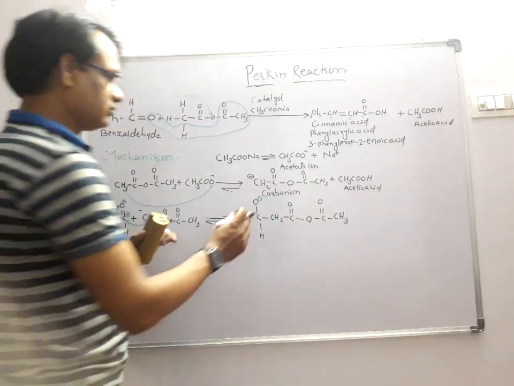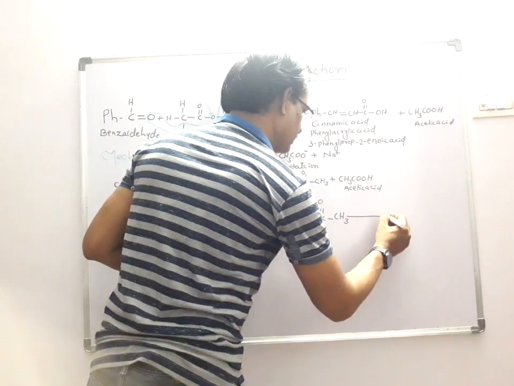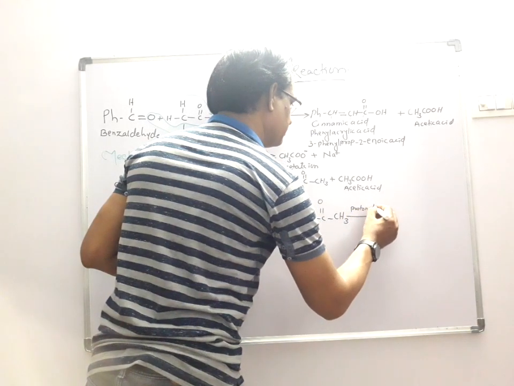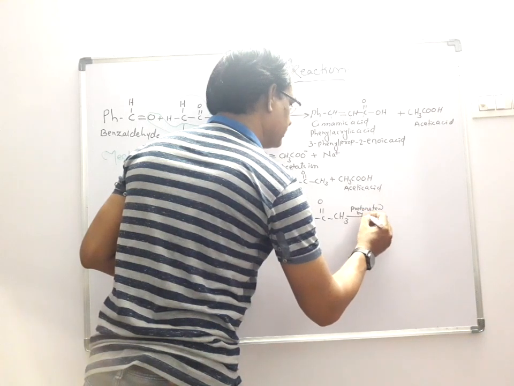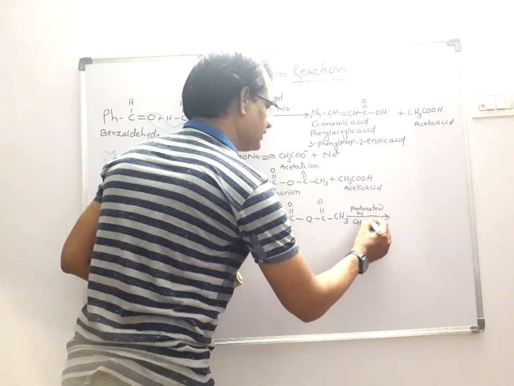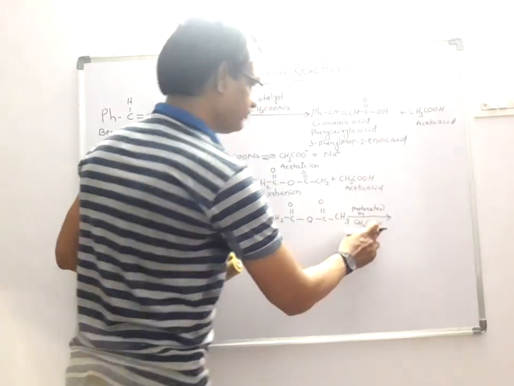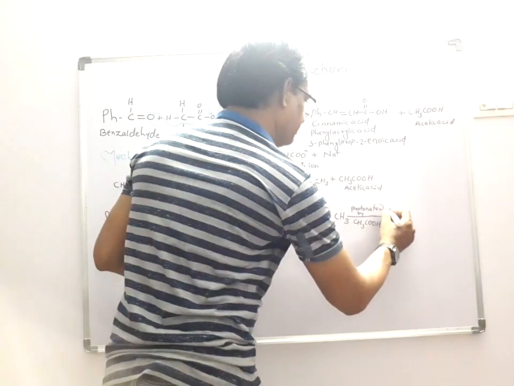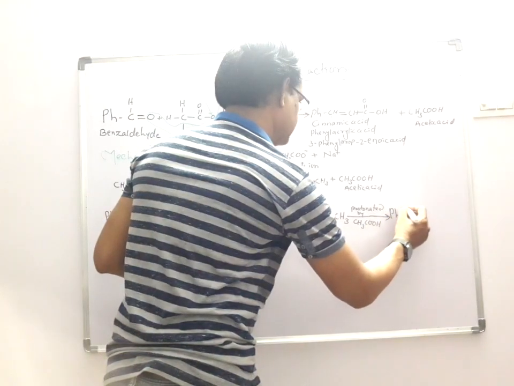Now this compound is protonated by this acetic acid. This acetic acid will donate its proton to this oxygen atom, so it will form Ph C OH H C.